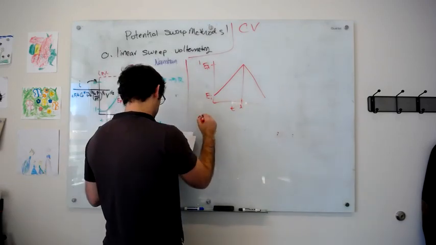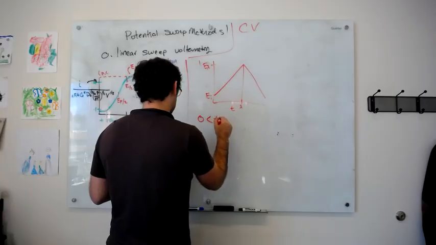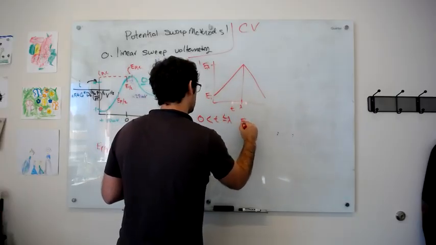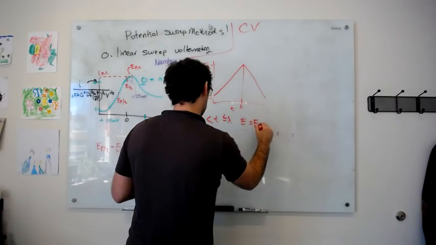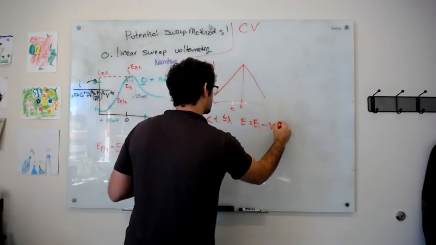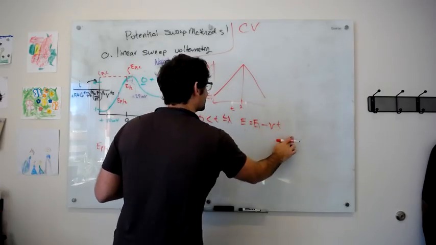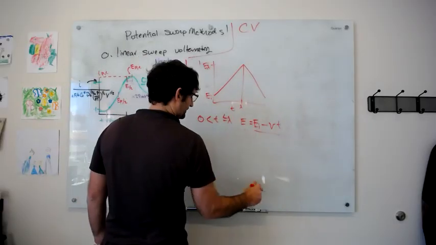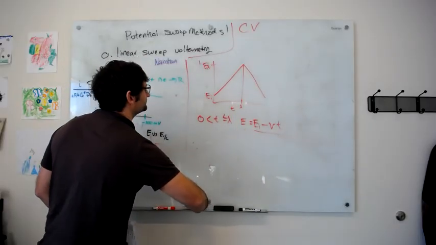So we can define, for 0 to t smaller than or equal to lambda, E equals E_i minus scan rate times the time. So this is this line, right? It's that first line.